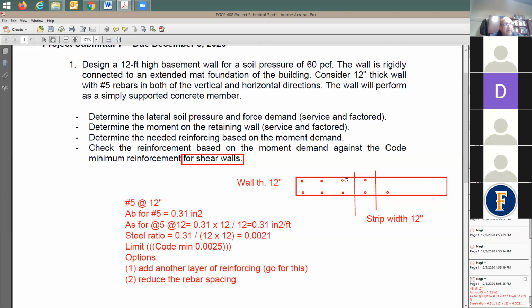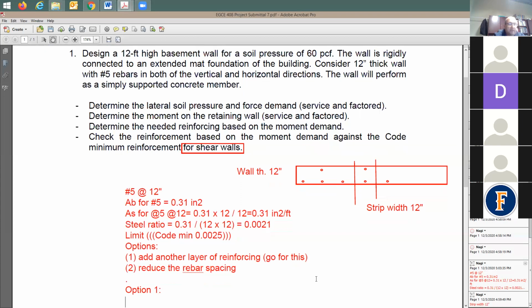Someone else can say, well, I can provide this reinforcing as just 1 rebar at 24 inch. Look at this. So I'm going with option 1. What do you want to do? I'm going to add number 5 at 24 inch.